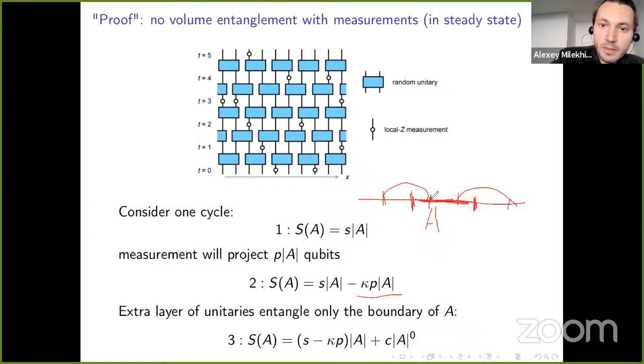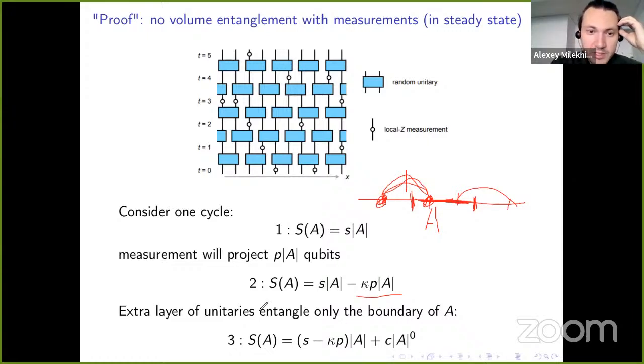As a toy model, you can just imagine that this qubit is in some Bell state, in the maximally entangled state with this other qubit, and then when you do a measurement, this entanglement is gone. Now you end up with this qubit being in some specific state, up or down. And this is why the entanglement will also decrease by an amount proportional to A.